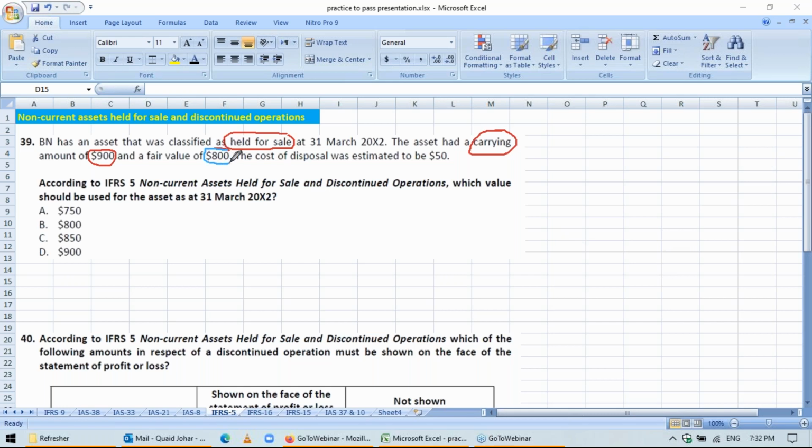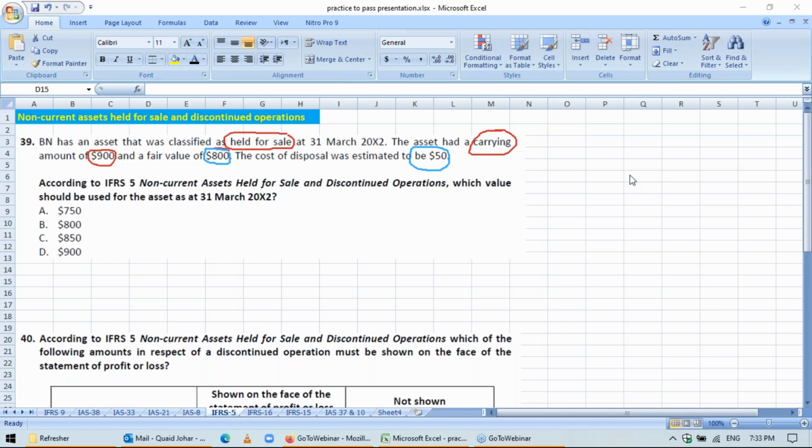If you sell it, you have to incur some cost of disposal, like paying commission to the agent to facilitate selling the asset. So you will receive 800 by selling it, but you also have to pay $50 commission. So 750 will be the net receipts.